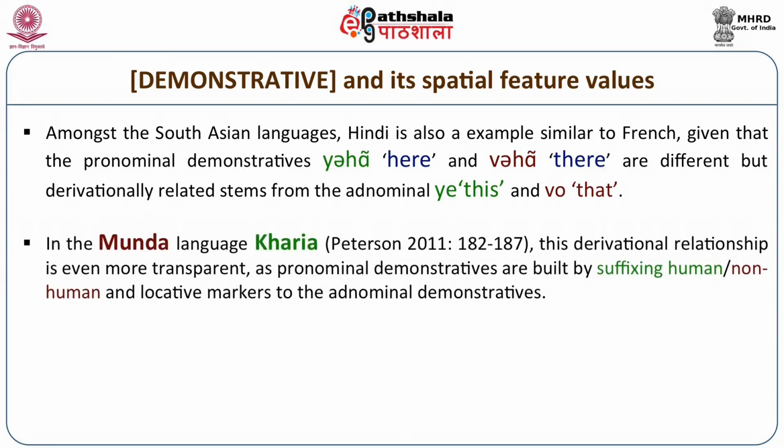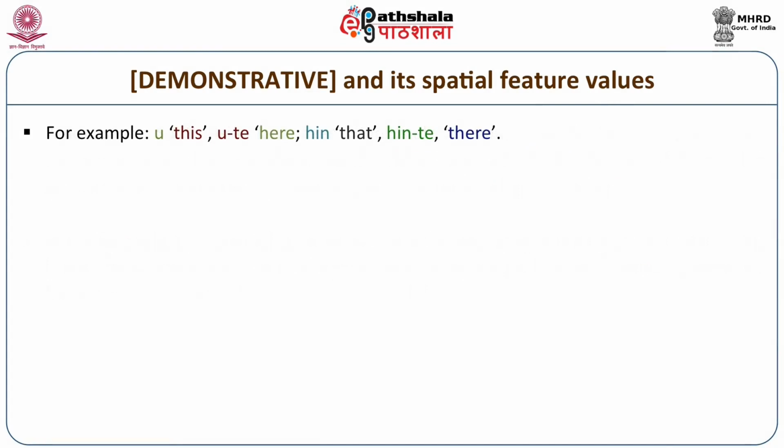In the Munda language Kharia, from the work of Peterson, this derivational relationship is even more transparent, where pronominal demonstratives are built by suffixing human, non-human and locative markers to the adnominal demonstrative. For example, u is this, ute is here, hin is that, and hinte is there.